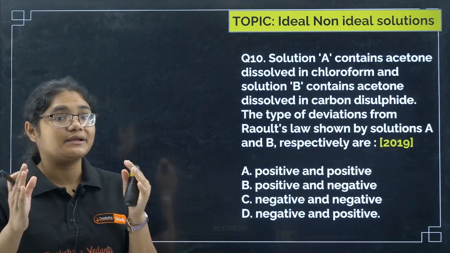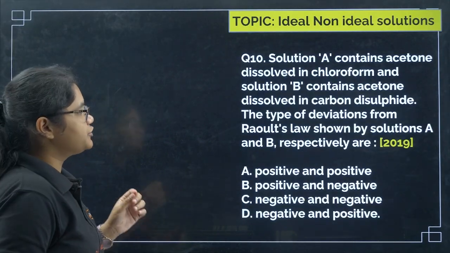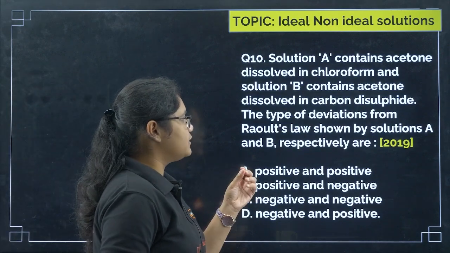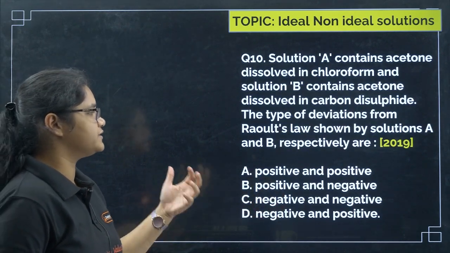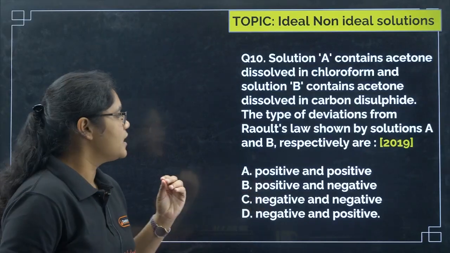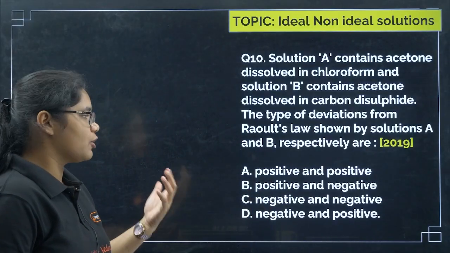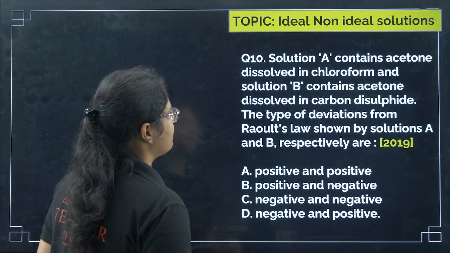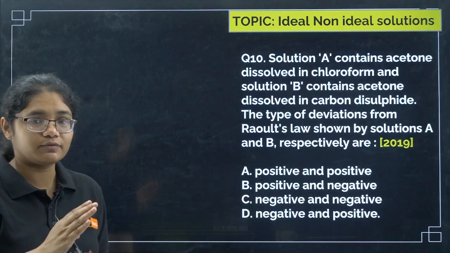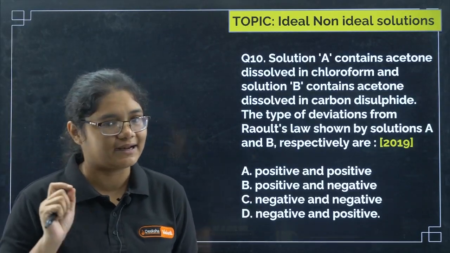So now let's see question number 10 here. Solution A contains acetone dissolved in chloroform and solution B contains acetone dissolved in carbon disulfide. What are the types of deviations from Raoult's law shown by solution A and B? If you remember, I have given you a table with examples of both positive and negative deviations.